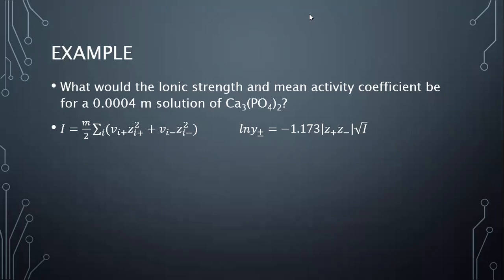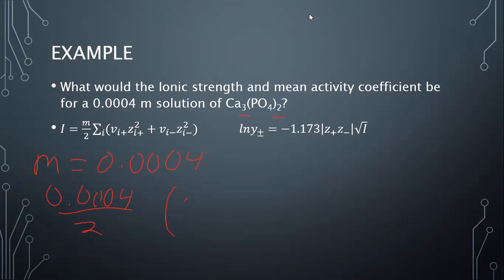So our molality, 0.0004, divided by 2, times the sum of these together. This is our V plus, this is our V minus. We have to add all of these together.